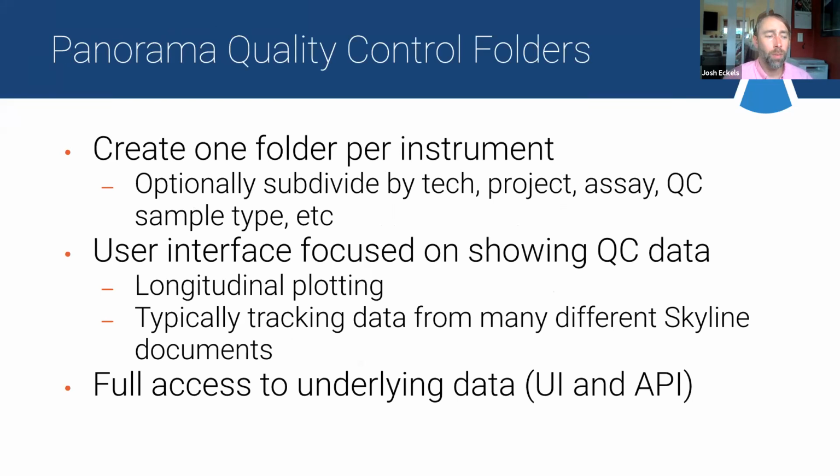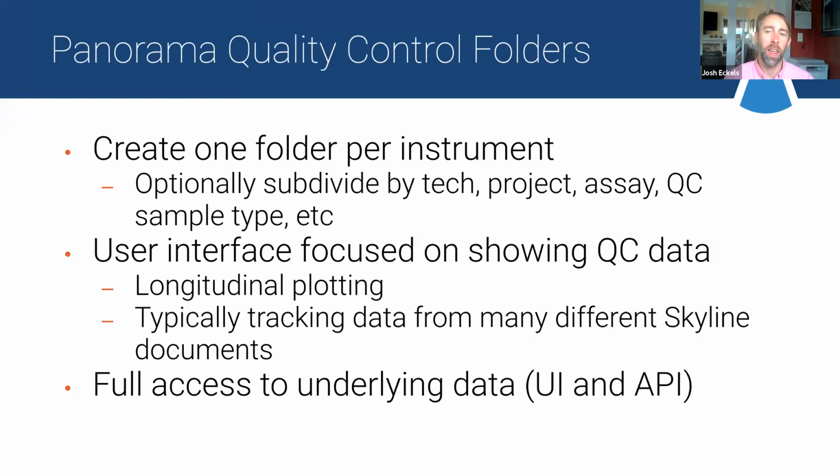So in Panorama, we monitor all of this in what we call a quality control folder. So here's a case where perhaps it should be more explicitly system suitability, or at least include both in our name. But the scoping that we're aiming for is one folder per instrument, because each instrument is going to have its own particular profile.